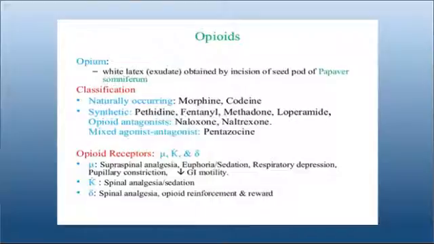Oxycodone is Percocet when it's given with acetaminophen, and Percodan when it's given with aspirin. I always remember the difference between the two. If I was given the brand name Percocet or Percodan, the Percocet has a T in it, so it has Tylenol. The Percodan has an A in it, so it has aspirin.